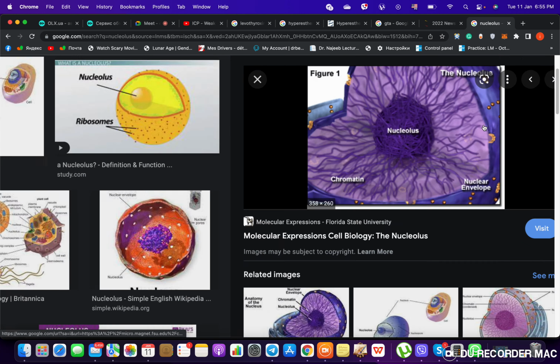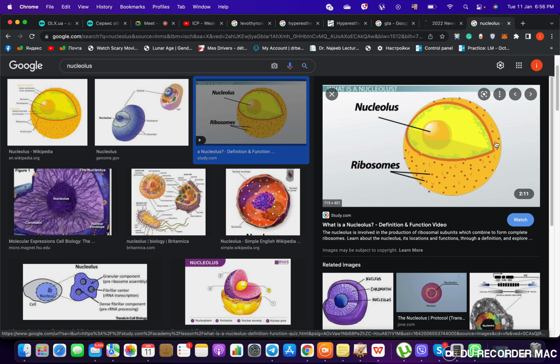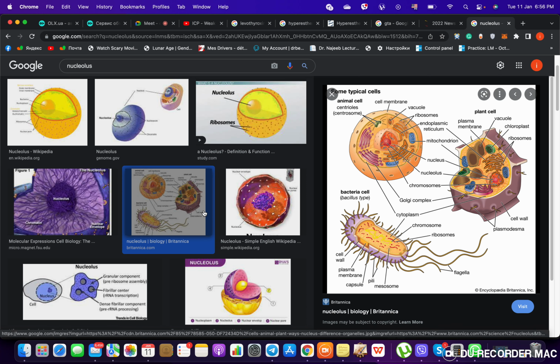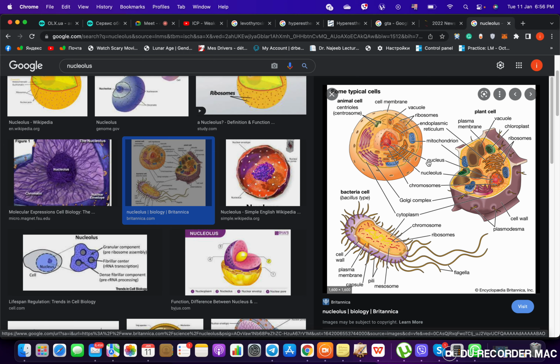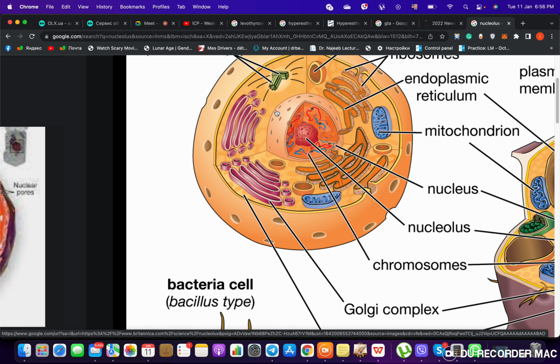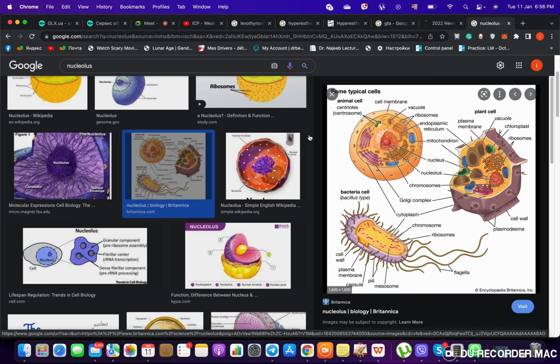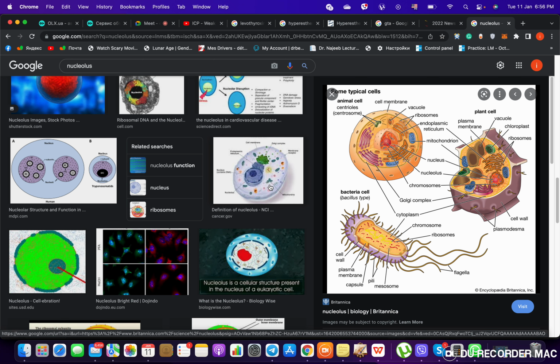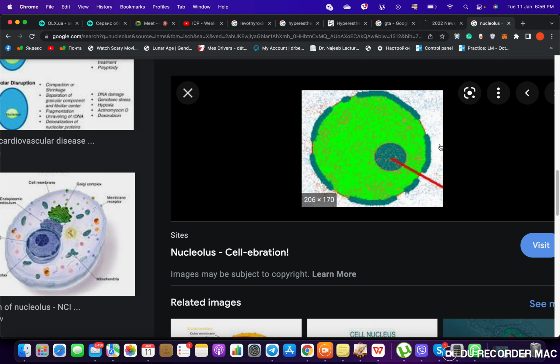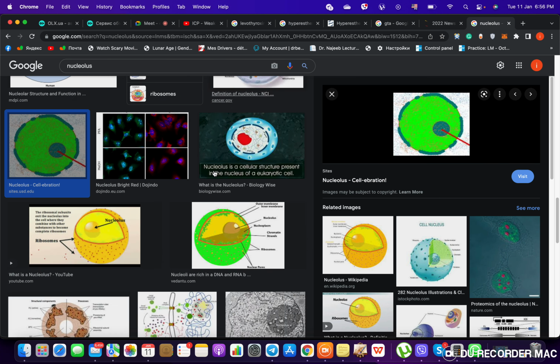So let's take a look. You can see this is the nucleus, and there is a little nucleolus inside of it. Does anybody here speak Latin? If you do, raise your hand and tell us what nucleolus means. If nobody, I will tell you. Well, nucleolus means the room of the king, okay?